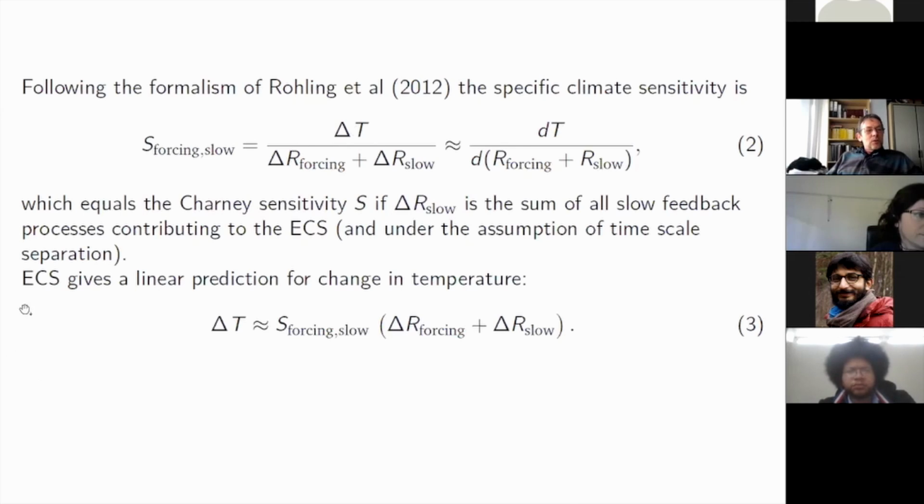So this means we can use the specific climate sensitivity to give a linear prediction for the change in temperature as a response, corrected for the slow feedback.